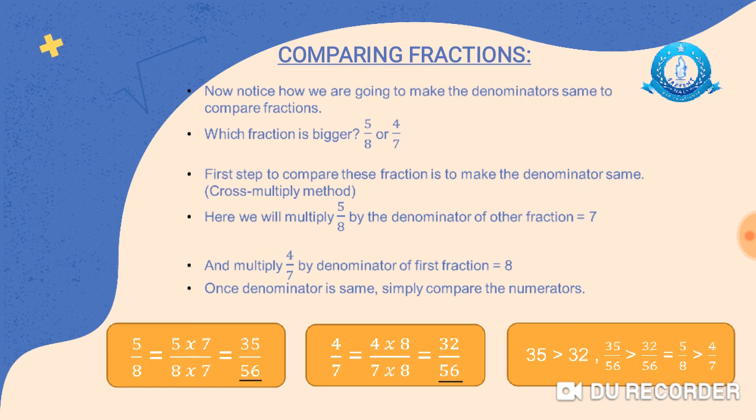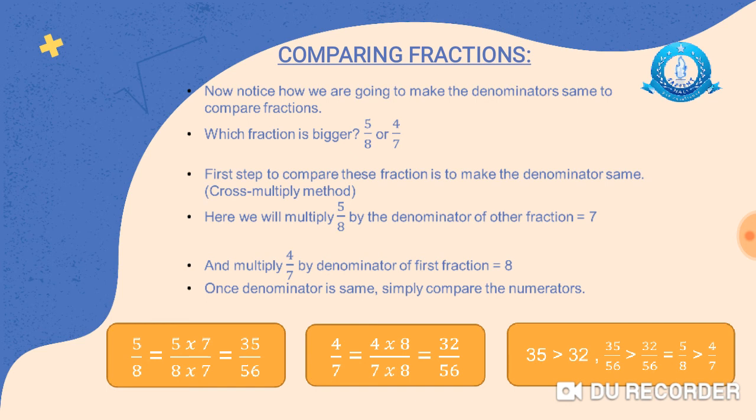Now once this denominator is same, all I have to do is to compare the numerator. And I can see 35 is greater than 32. That means 35 upon 56 is greater than 32 upon 56. But keep it in mind, the comparison needs to be made in terms of original fractions.